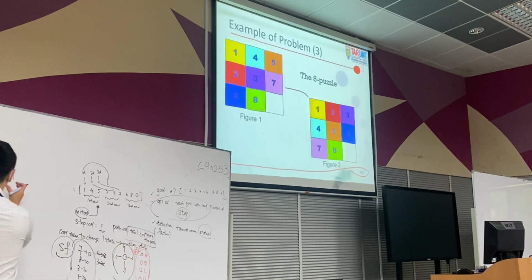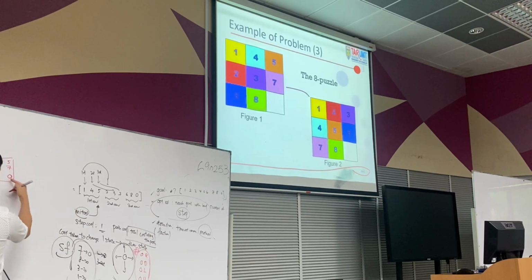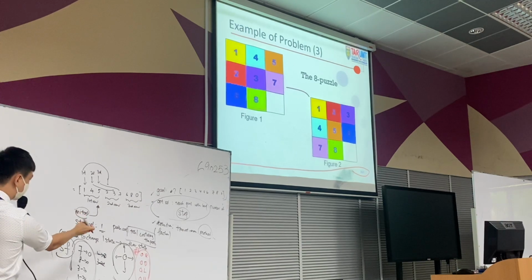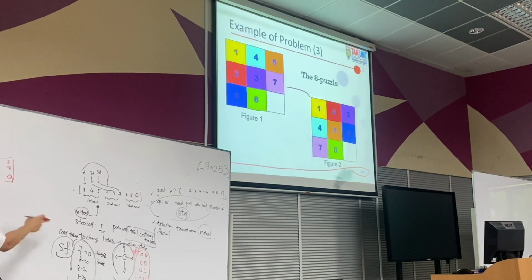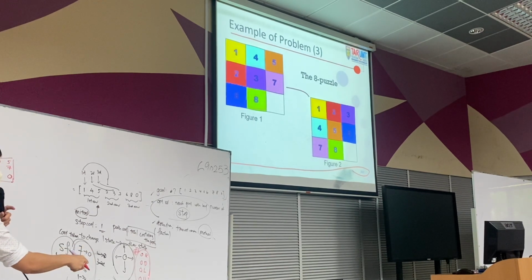See whether we can move this empty tile. This empty tile 0. Can we move to the right? Cannot, right? It's actually the boundary. So no. So we have to go to the next successor function. Can we move down? Cannot. The third successor function, can we move left? Yes.